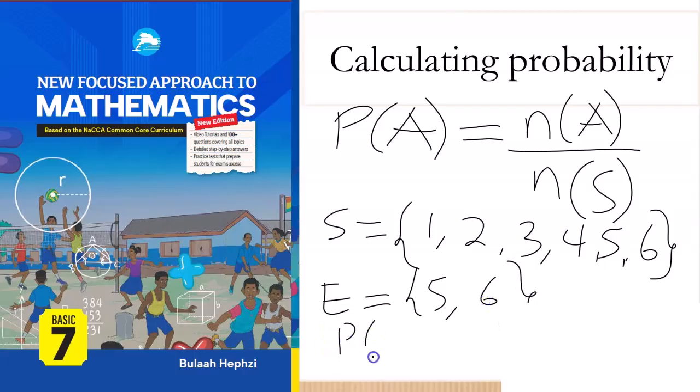Then the probability of this event becomes the number in the event over the number in the sample space. Here the number in the event is 2 and the sample space number is 6. If I divide, I get 1 out of 3. So 1/3 is the probability of this particular event. That is how we calculate probability.